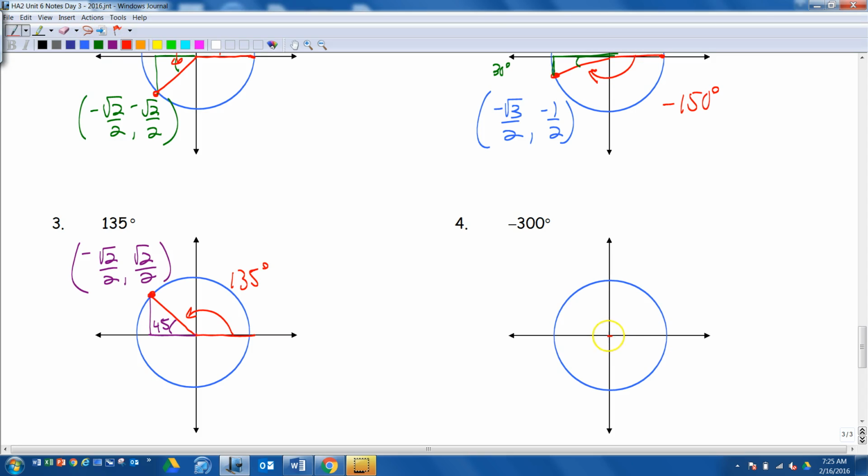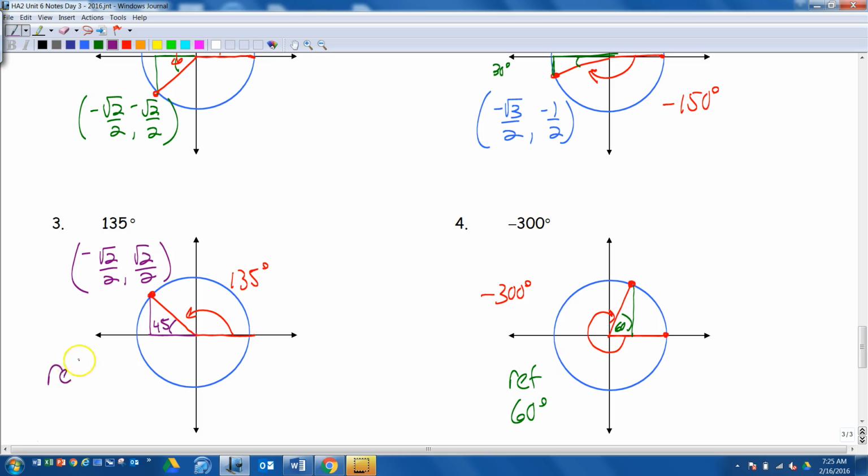Negative 300. So I go around and I have 60 degrees left. So my reference here would be a 60. I should probably write the references down just so we have them.